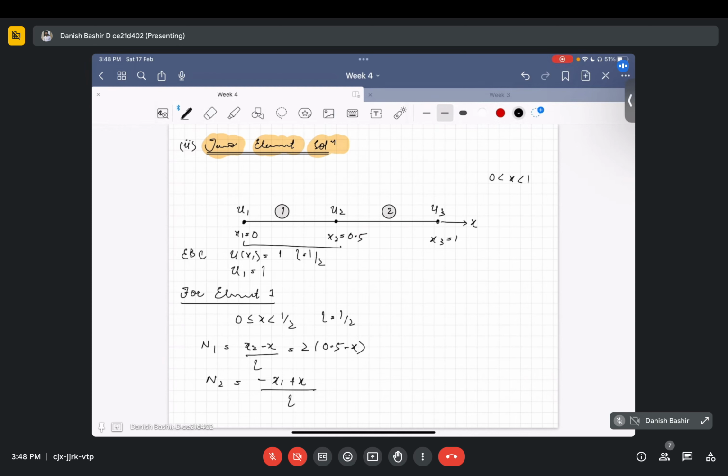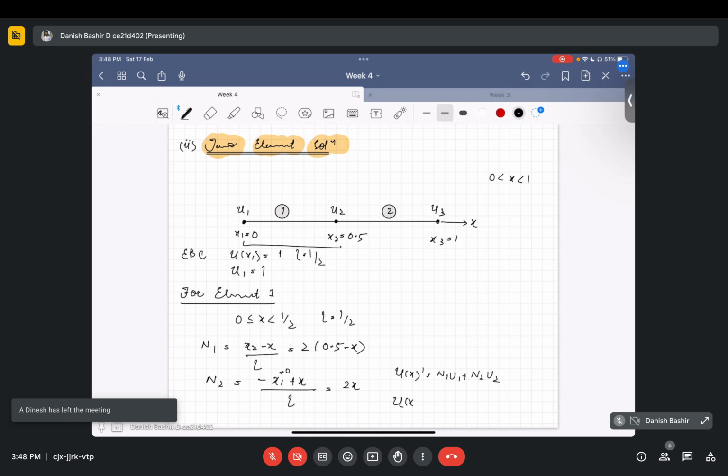So we got this to be equal to x, because x1 is equal to 0. This is equal to x. So our solution for element 1, u of x for element 1, will be equal to N1 u1 plus N2 u2.